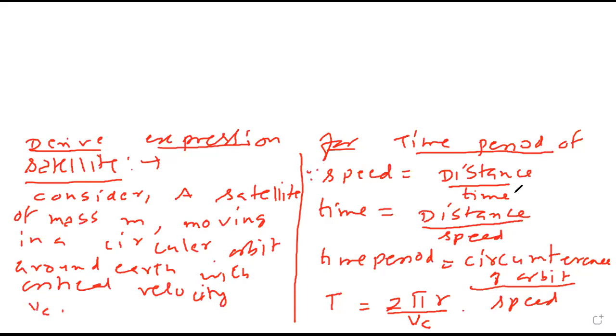Since speed equals distance upon time, time equals circumference of orbit upon speed, and speed is Vc. Please copy till this.